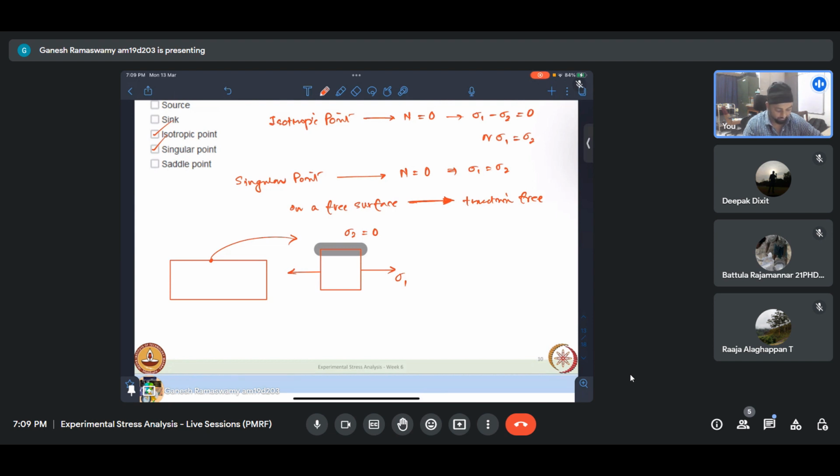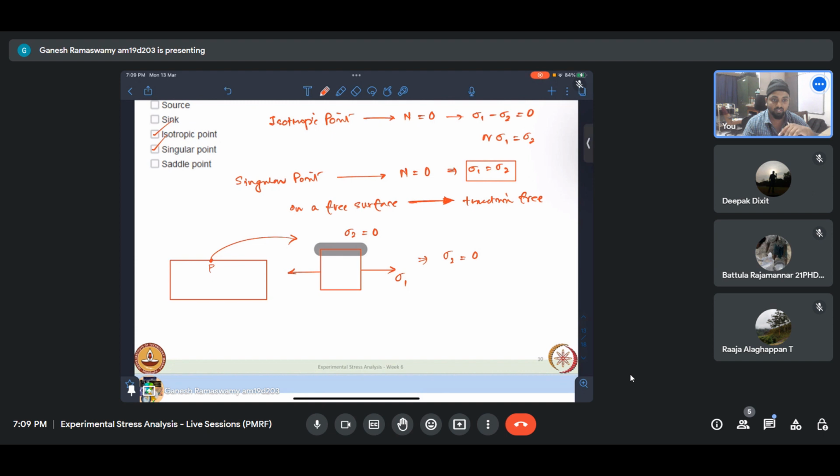Now, what this tells us is one of the principal stresses is 0. The other principal stress we do not know. Now, if it so happens that this point P also happens to be an isotropic point, we know from the definition of an isotropic point that principal stresses are equal. And if it sits on a free surface, that makes one of the principal stresses 0, which implies the other principal stress is also 0.